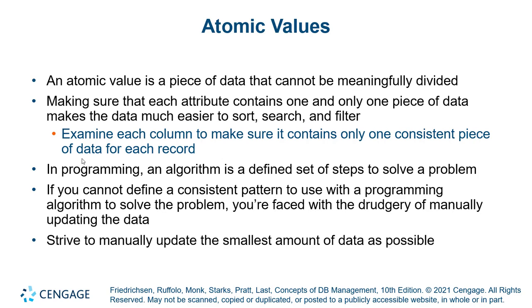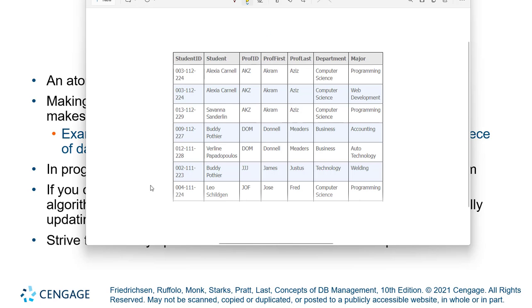An atomic value just simply means that we are unable to break it down into further separate categories, right? For instance, the reason why this example is still not in first normal form is because we have an attribute, a column, that does not contain atomic values. Any guesses as to what that column is?